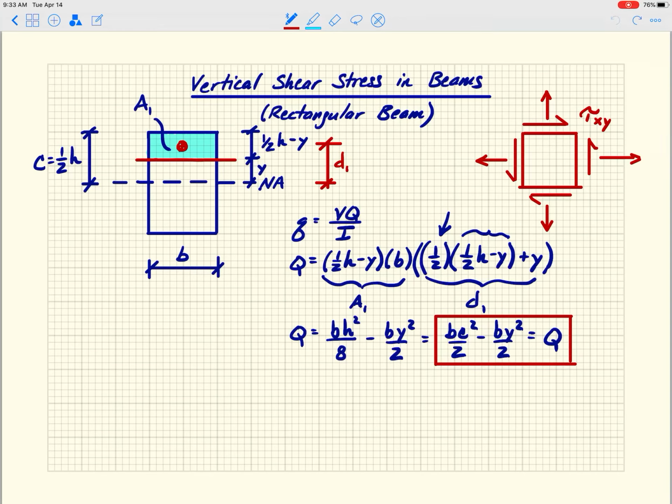Okay, so I'm still in red, so let me go back to blue. So this guy is, I is now BH cubed over 12, right? And that equals BHC squared over 3.